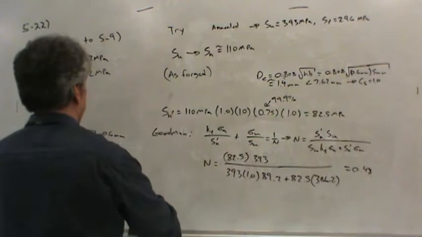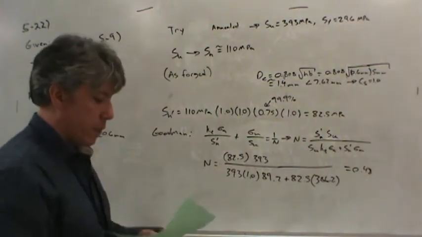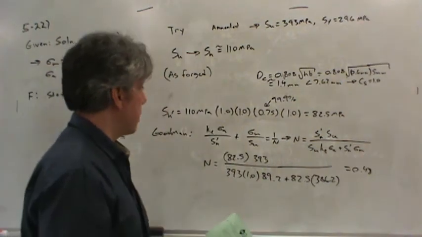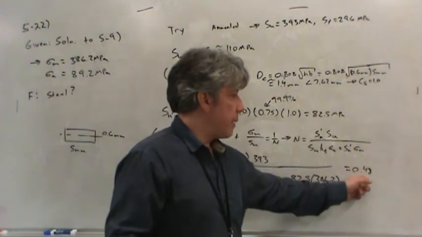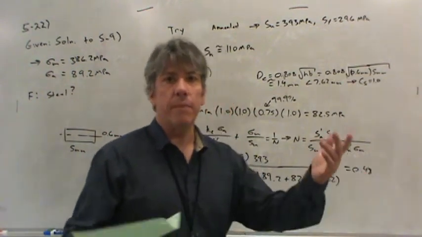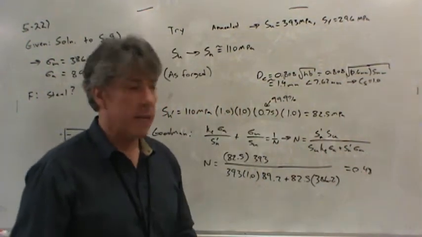Let's change it. I went and looked for a material that was about 3 times the strength of this. Why did I choose 3? Well, I'm just kind of guessing. It looks like I need roughly double the strength, so I made it 3 times because I didn't want to go through this again if I didn't have to.